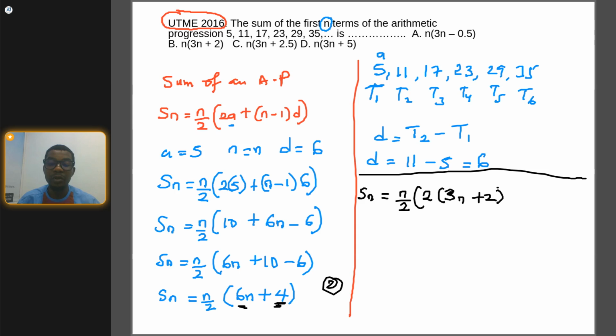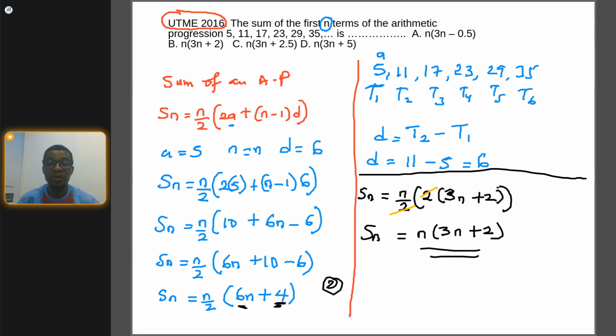Close the bracket and close the big bracket. So the 2 here will cancel the 2, and we are left with Sn equals n into bracket 3n plus 2. The sum of the n terms is now equal to n(3n plus 2).